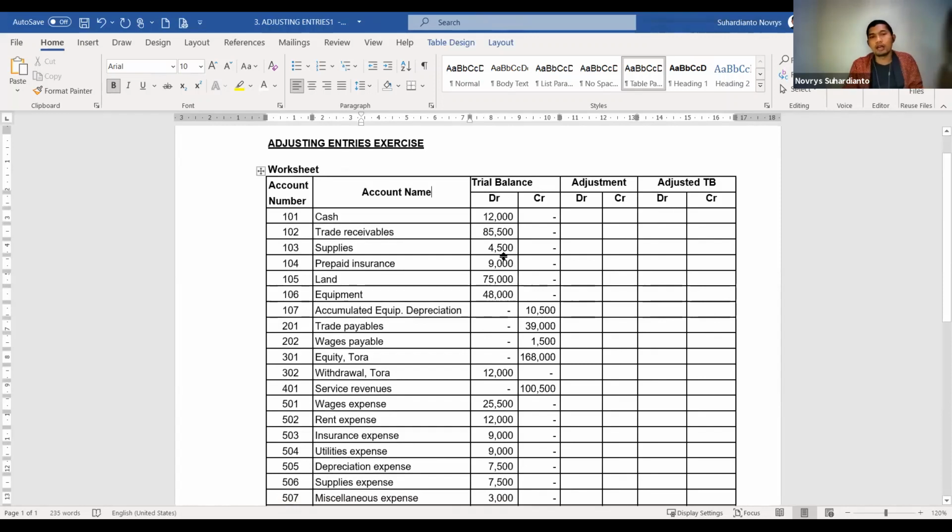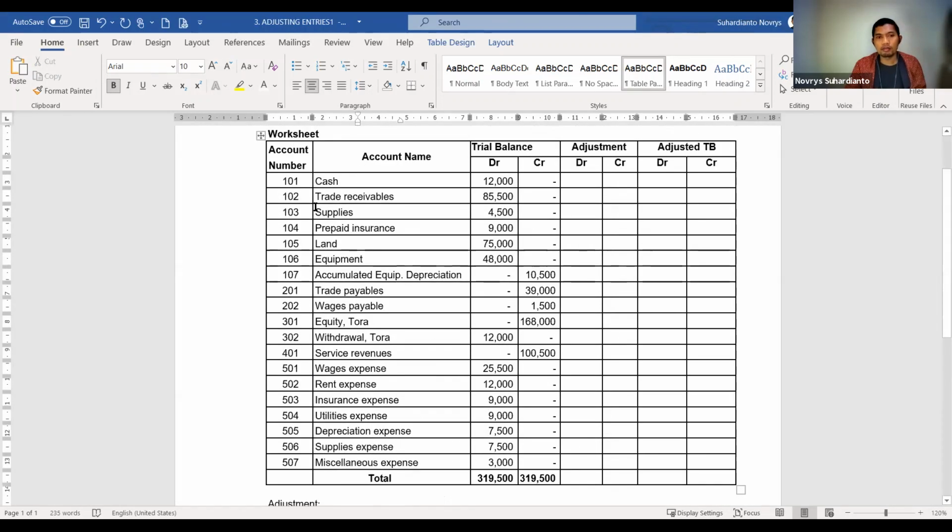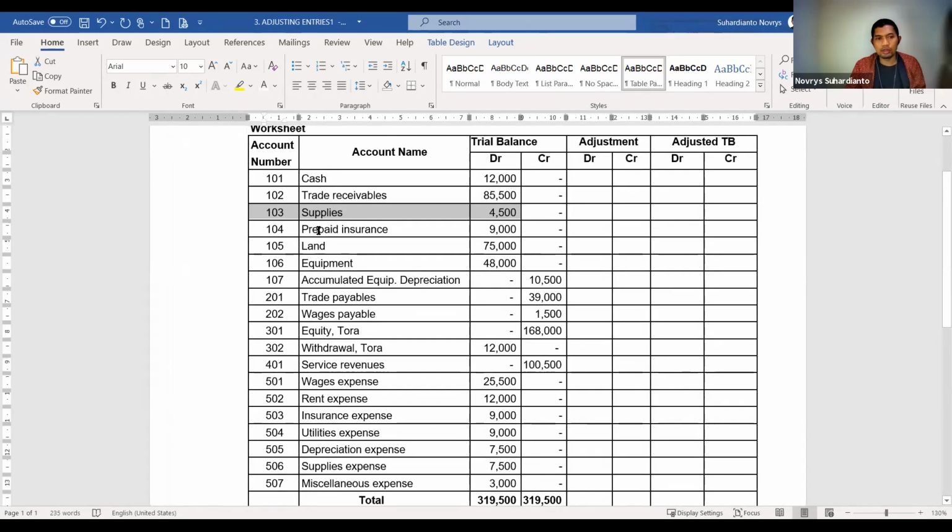From the previous lesson, you know how to prepare a trial balance, right? And then from the trial balance, we see some items here. We see supplies, 4,500. We also see prepaid insurance, 9,000.